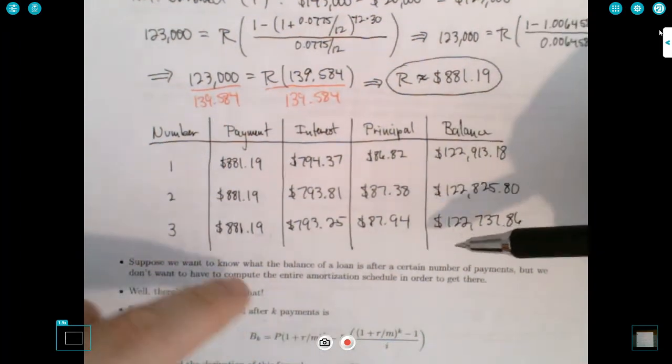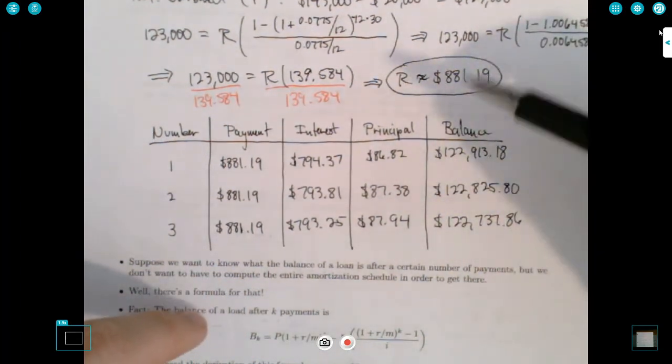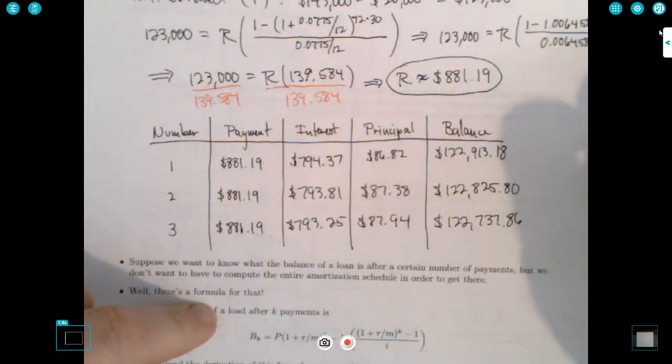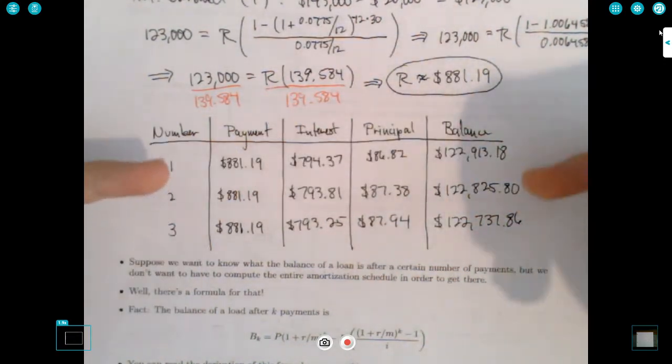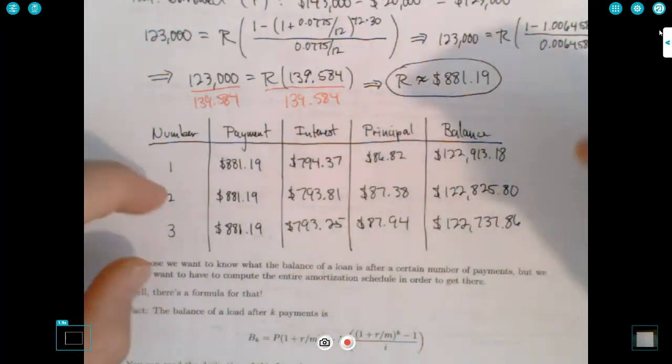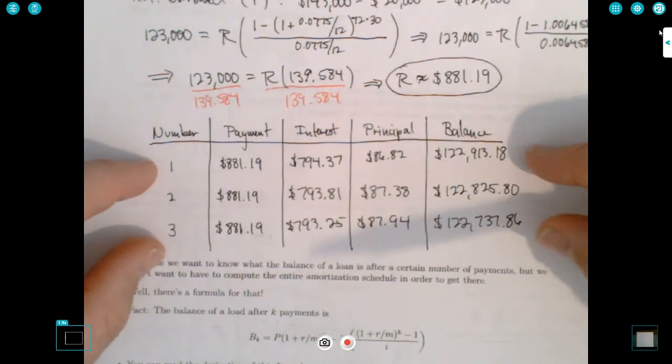Now, theoretically, you could continue doing this. In 30 years, 30 times 12 is 360, so they're going to have 360 payments. So in total, their amortization table is going to have 360 rows in it, which you probably don't want to compute by hand, right?